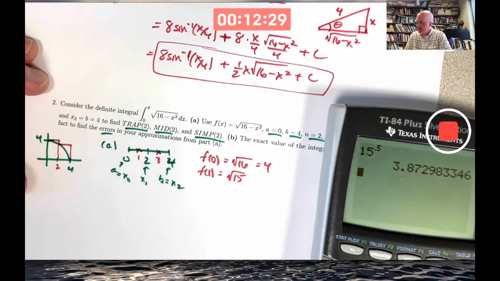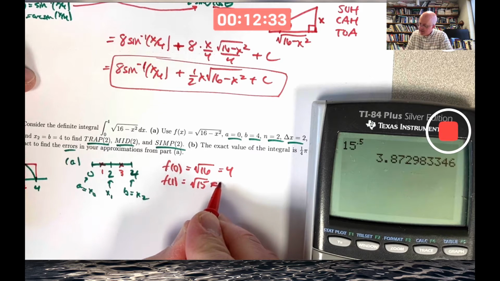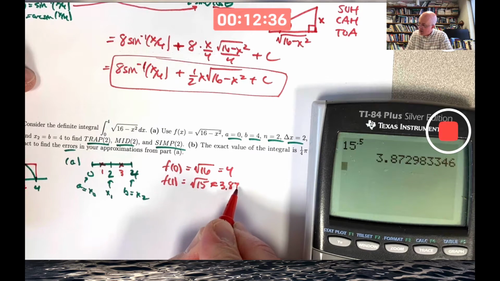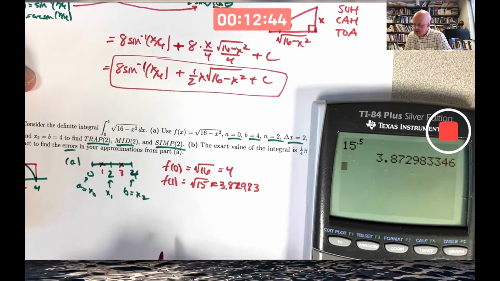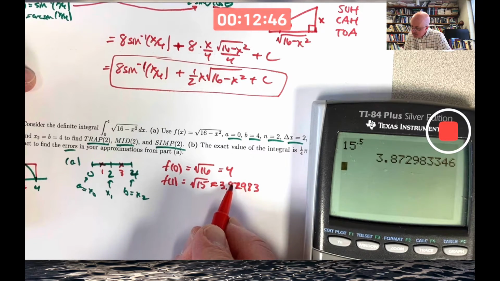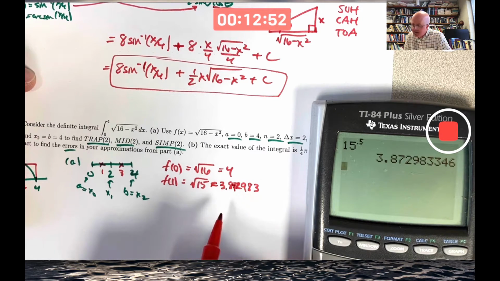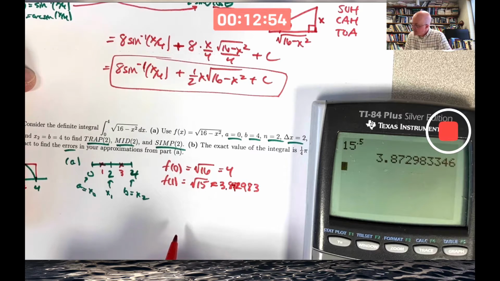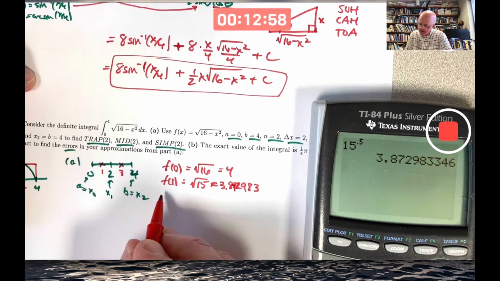Let's use 6 decimal places of accuracy as we go, and then we'll round to maybe 2 or 3 at the end and hope that our rounding errors have not compounded enough to make that off. That should be fine. 3.872983 is the value of f at 1. Yes, double checking. Okay, that looks good.